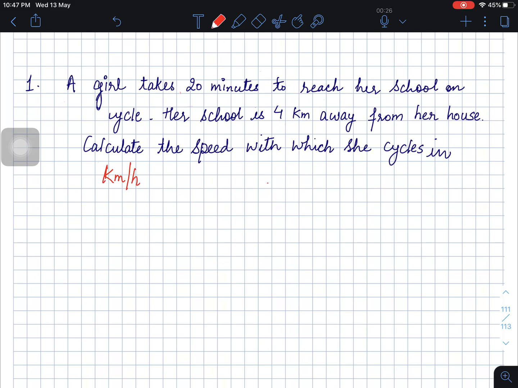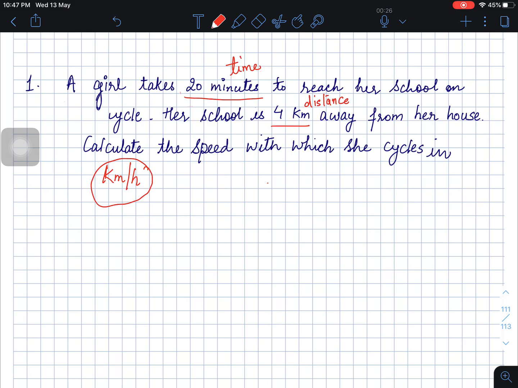A girl takes 20 minutes, this is the time, to reach her school on a cycle. Her school is 4 kilometers, this is the distance, away from her house. Calculate the speed with which she cycles in kilometer per hour. So we need to calculate the speed in kilometer per hour.